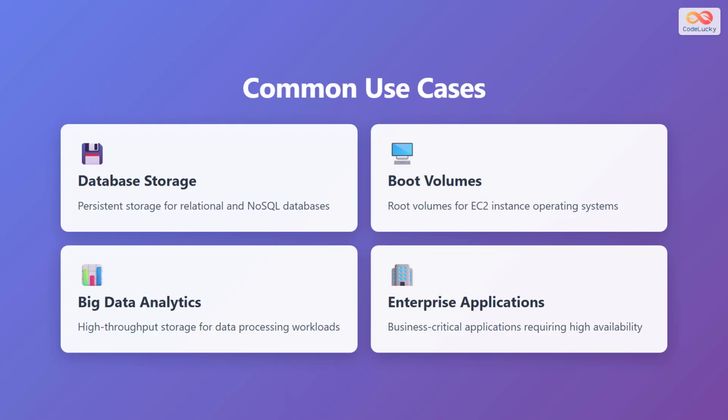For big data analytics, EBS delivers the high throughput needed for data processing workloads like Hadoop and Spark. Enterprise applications that require high availability and consistent performance rely on EBS for their critical business operations. With its combination of performance, durability, and flexibility, EBS is an essential building block for cloud infrastructure on AWS.